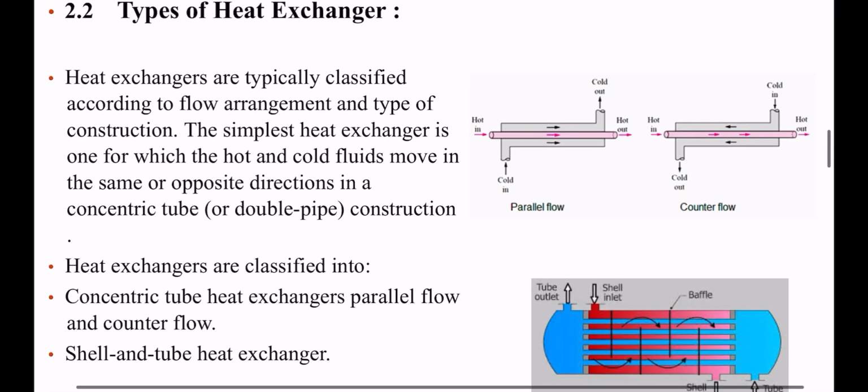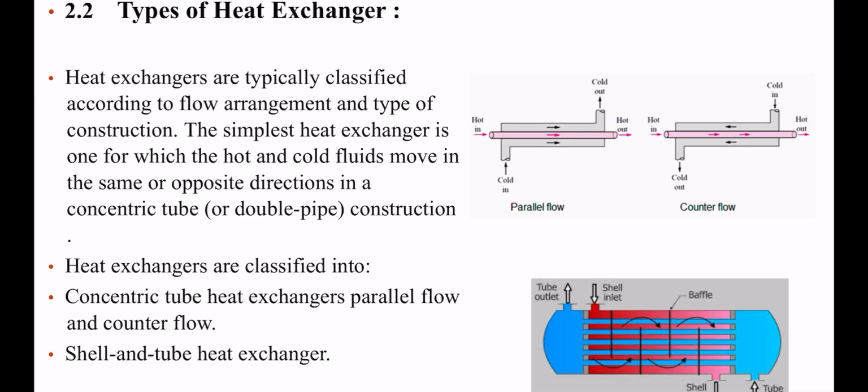The heat exchanger we talked about is between two liquids at different temperatures. So how do they flow? How do the liquid or gas flow through that heat exchanger? Heat exchangers are typically classified according to flow arrangement and type of construction.